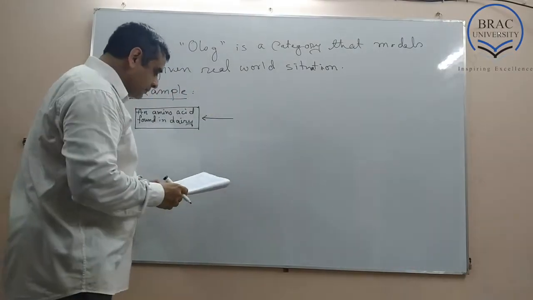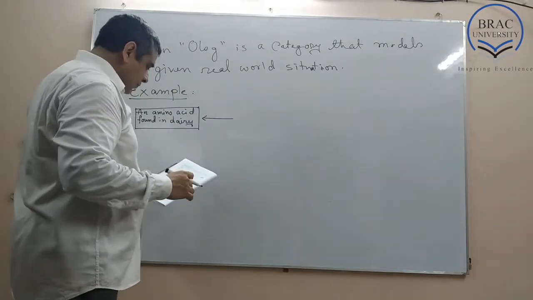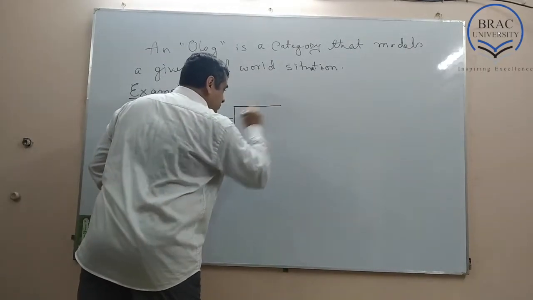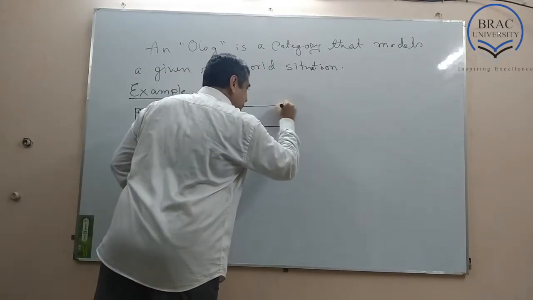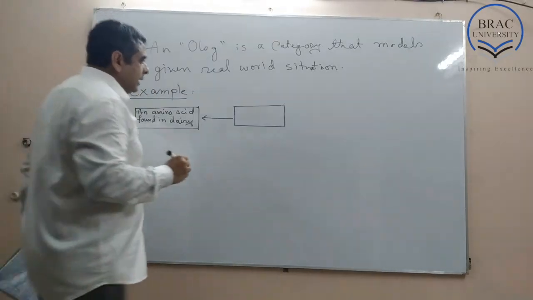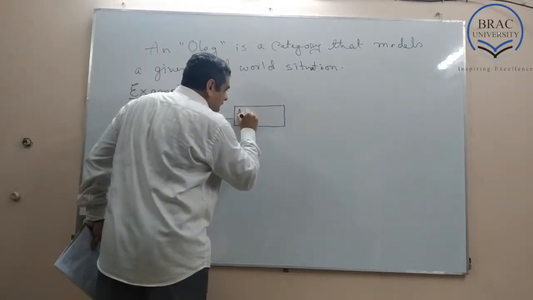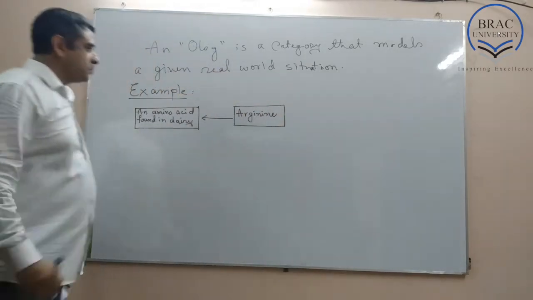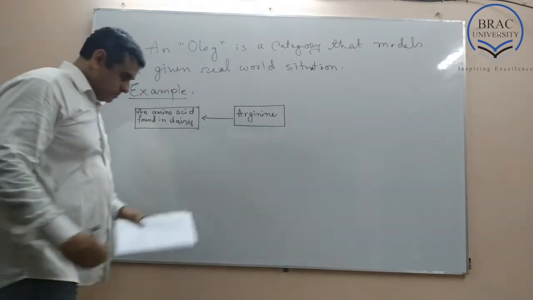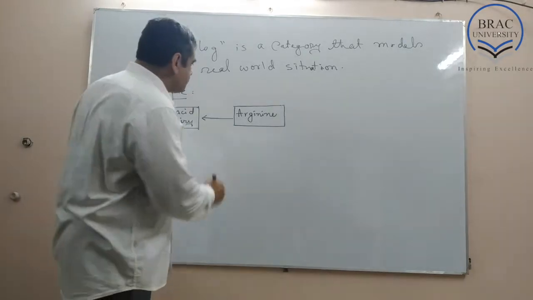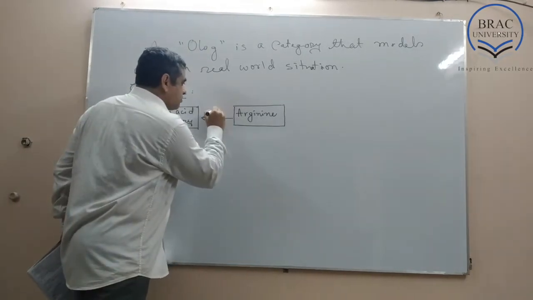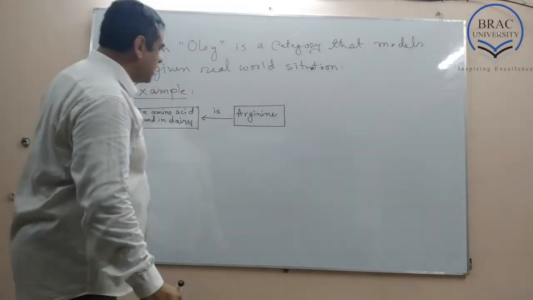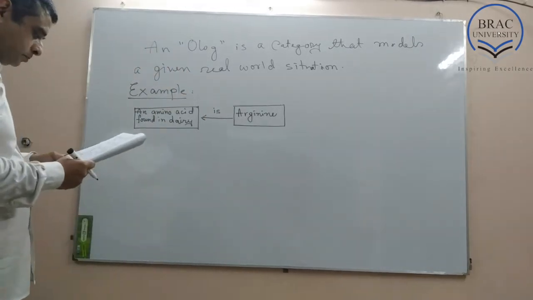Slightly on the right, there is an arrow from the box that I will be drawing here, where I have written arginine. So, arginine is an amino acid, and I'm putting down the label "is" over the arrow.